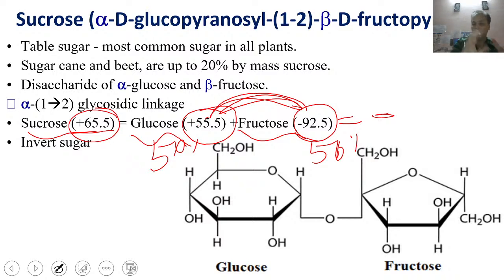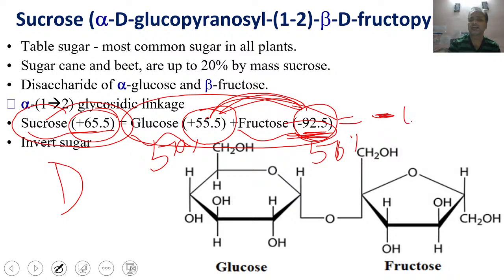So when you have sucrose, a combined disaccharide, it is dextrorotatory, meaning positive rotation. When you have digested sucrose, you get glucose and fructose. Because fructose has more minus, the overall will be levorotatory. This is minus 92, so if you combine these two, it will be roughly minus 40 to 42.